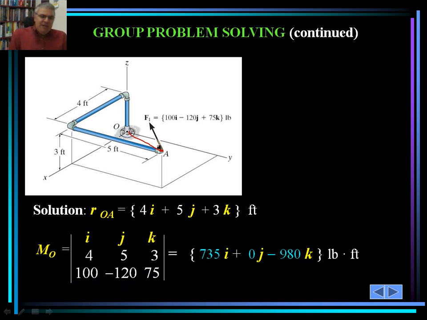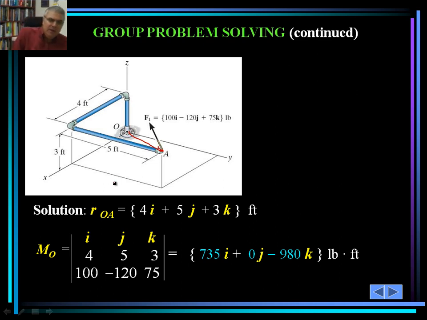Now let's take the determinant of the infamous matrix that we've been using so far. It's a 3 by 3 matrix. First row is IJK. Second row is the position vector OA, components of that, 4, 5, 3.